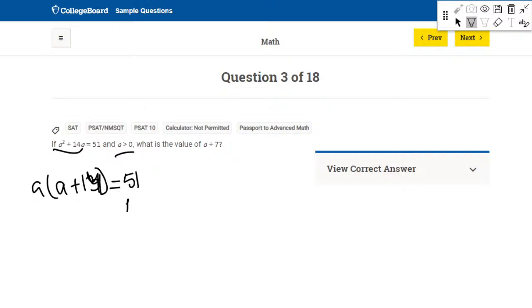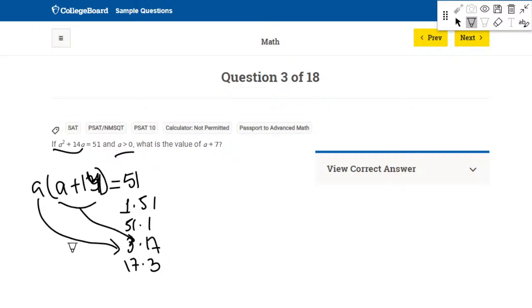It's just 1 by 51 or 51 by 1, or it's just 3 by 17 or 17 by 3, and nothing else. Just assuming that some of this can be the answer, I see that if a is 3, a plus 14 gives me 17. So I find the answer that a is 3.